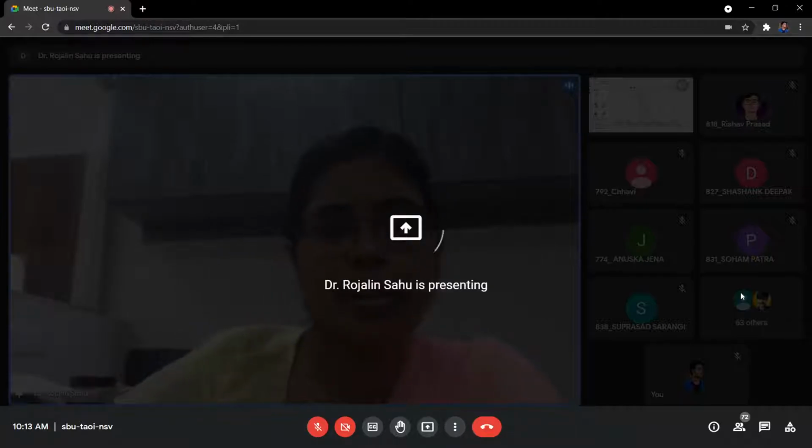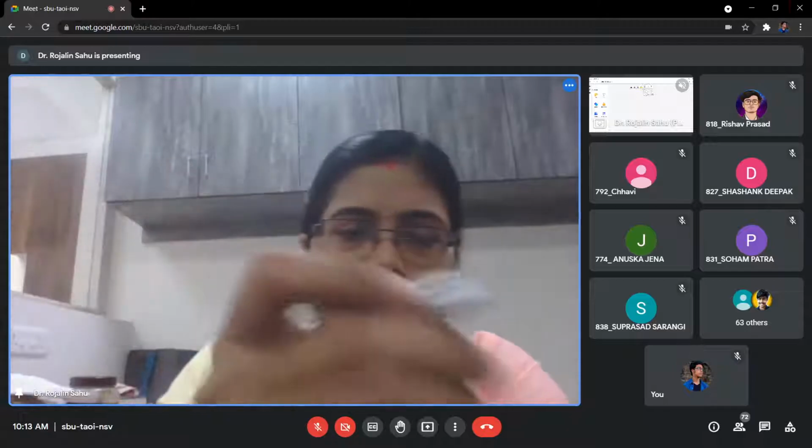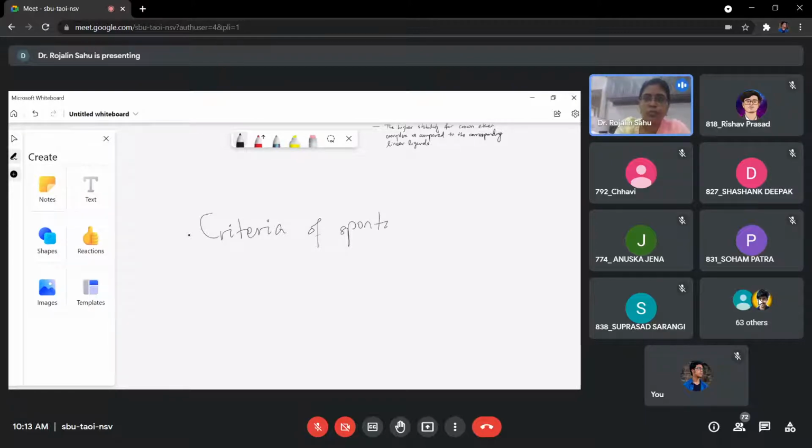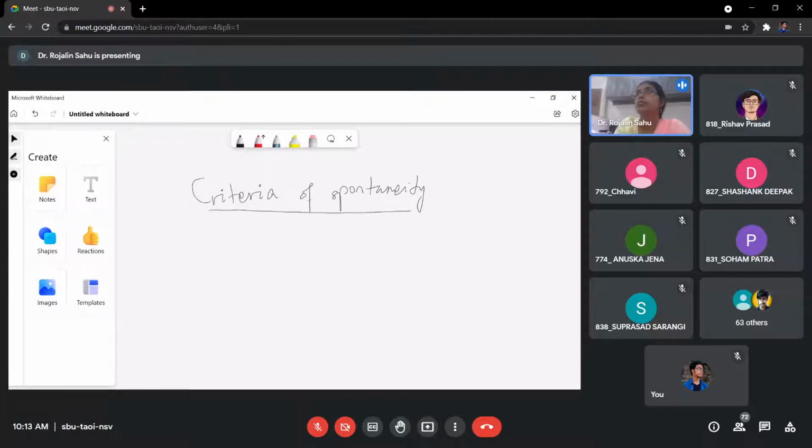Now the whiteboard is updated. We know the Gibbs-Helmholtz equation, del G is equal to del H minus T del S. It can be used to predict the spontaneity of a reaction, whether the reaction is spontaneous or not.